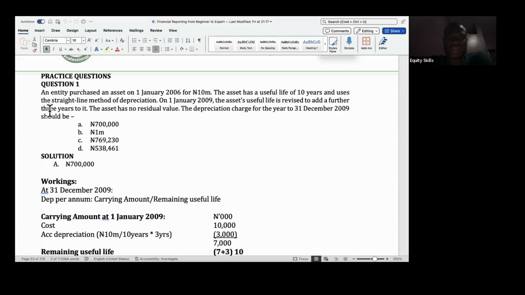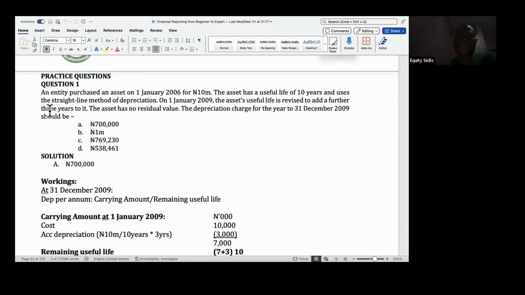On 1st January 2009, the asset's useful life is revised to add a further 3 years to it. The asset has no residual value. The depreciation charge for the year to 31st December 2009 should be, okay, let us leave those options alone.